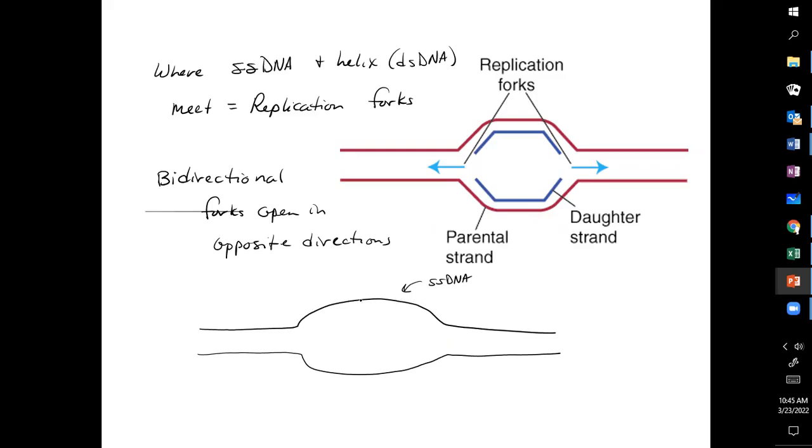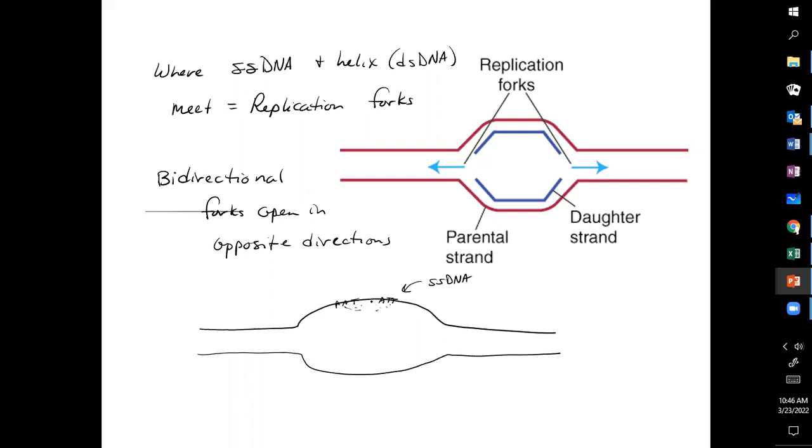It also can fold upon itself. Like if you had a T here and an A here, and this is a movable molecule, these could fold onto each other, causing secondary structure to form, or internal folding.